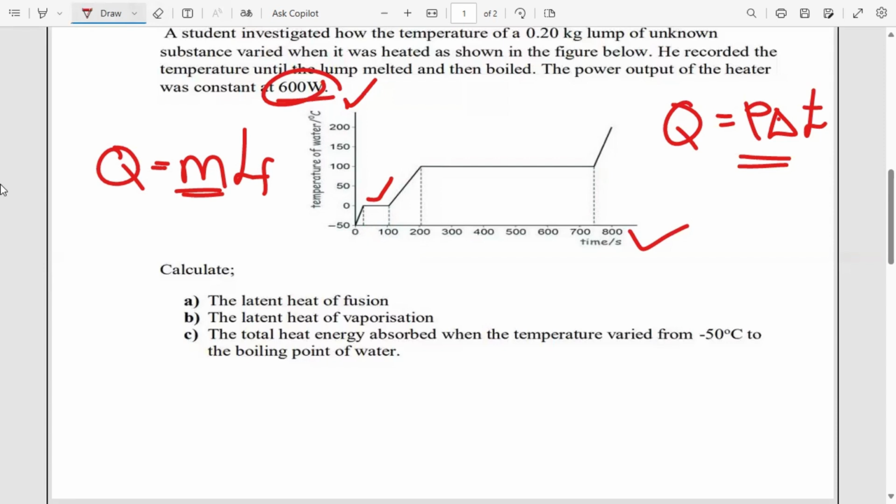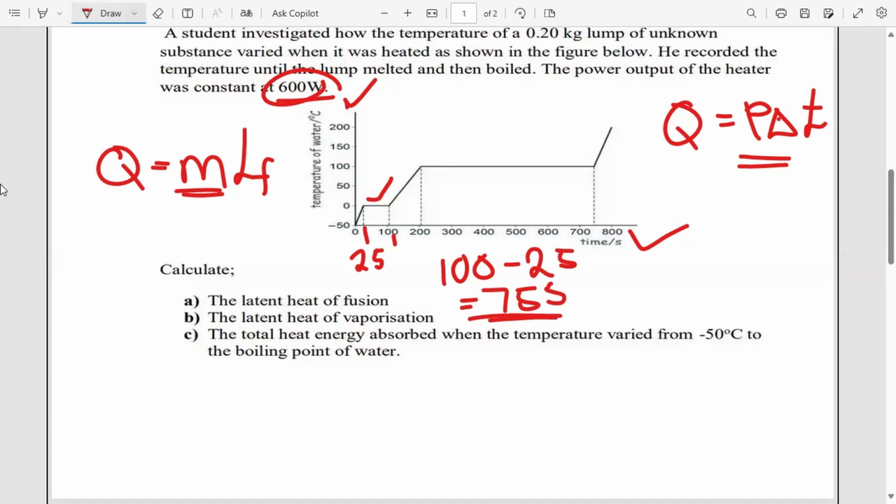But since it's on a scale of 100, we can tell that this point is just a quarter of the 100 that we've been given. So we can estimate that this is actually 25 seconds. That means the time it's taking this object to melt from ice to liquid water is 100 seconds, this final second here, minus 25 seconds. So that means it's taking 75 seconds to melt this ice.